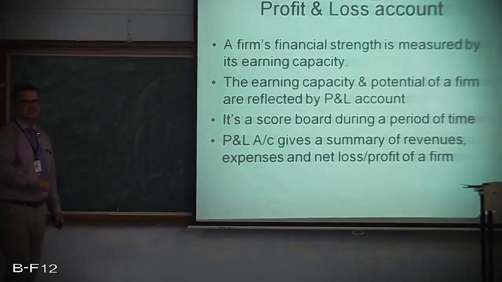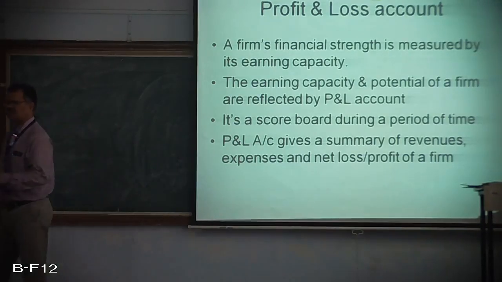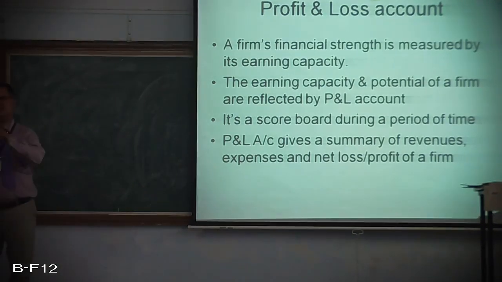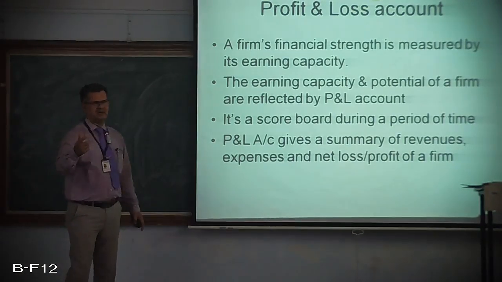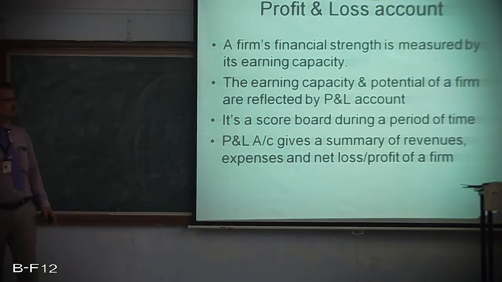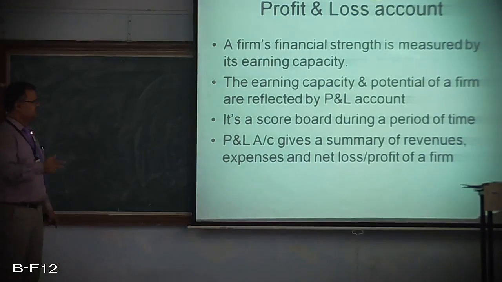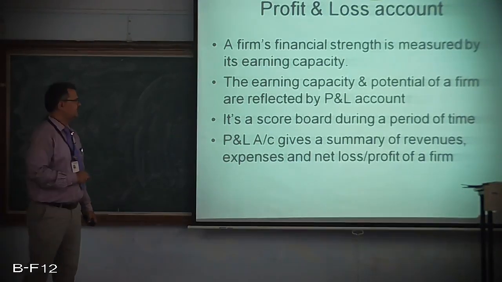I told you in the previous chapters, like depreciation or comparison of present worth, about resale value. So sometimes they get income, also called revenues, and they also have to calculate the net loss or profit of the firm.